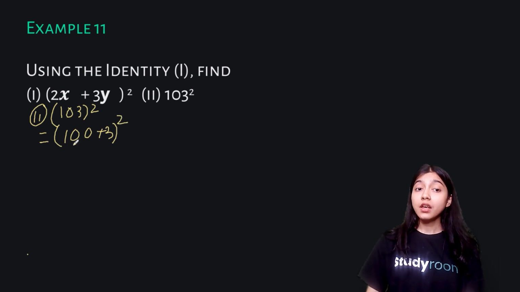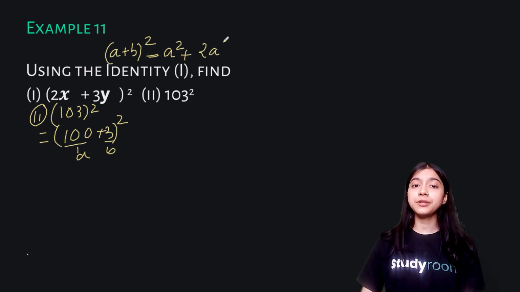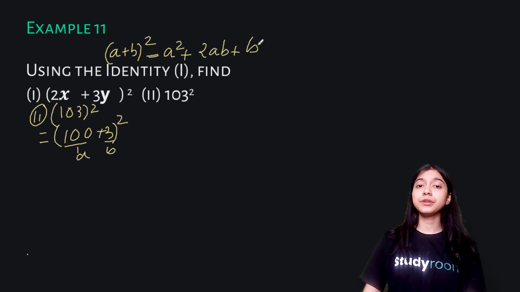So again, here, just think 100 as a and 3 as b. So isn't it the identity a plus b whole square? And we know that a plus b whole square gives us a square plus twice ab plus of b square.